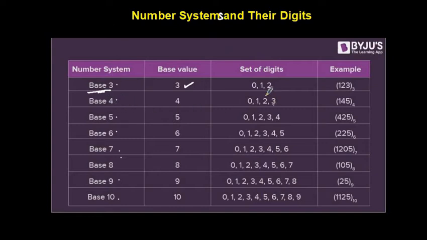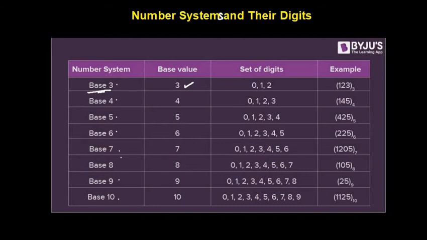Base 4 does not include 4. Base 5 does not include 5. Base 6 does not include 6. So for example, base 3 uses all the digits that are less than 3, so from 0 to 2 in this case, and from 0 to 3 for base 4.